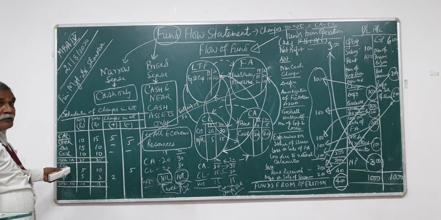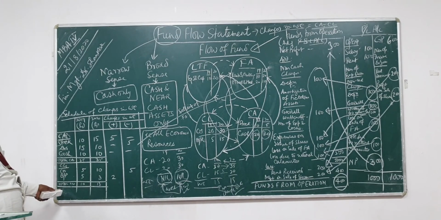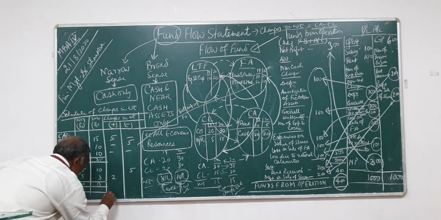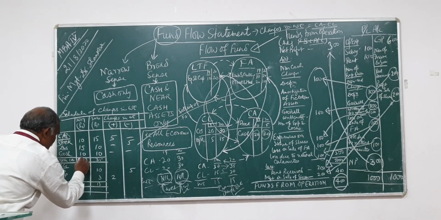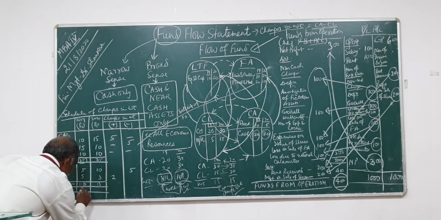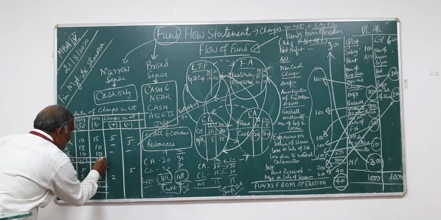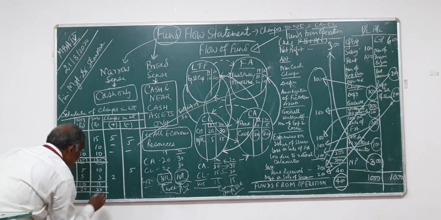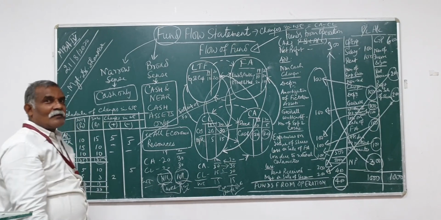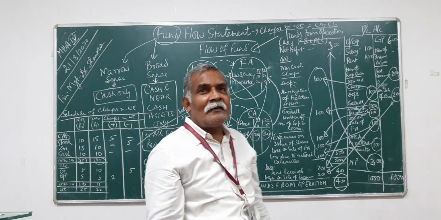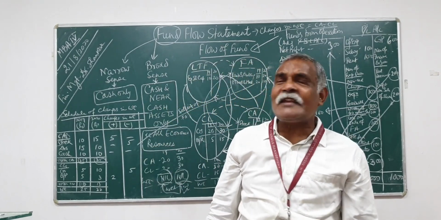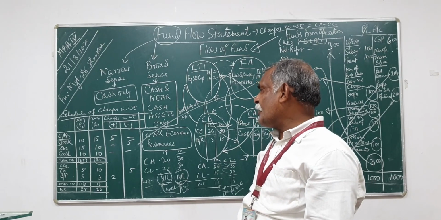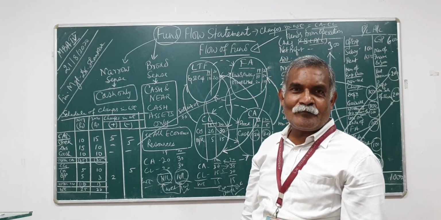Now, you have the data of current assets and you have the data of current liabilities, so you can calculate working capital. 35 minus 10, 25. 35 minus 13, 22. So what sort of changes you find? Working capital in 2019 is 25 and working capital in 2020 is 22 after deduction.